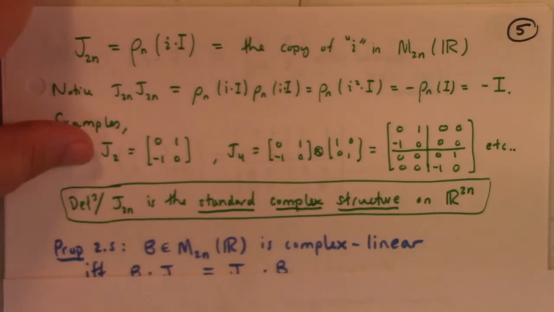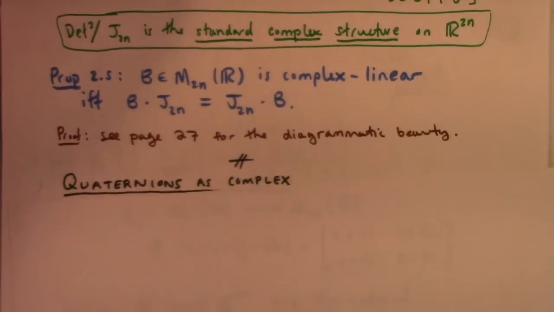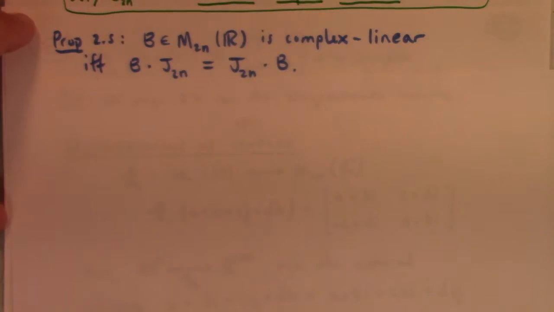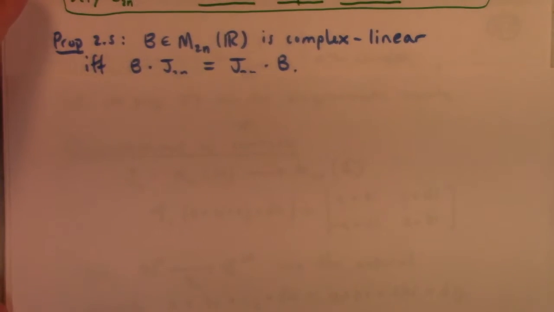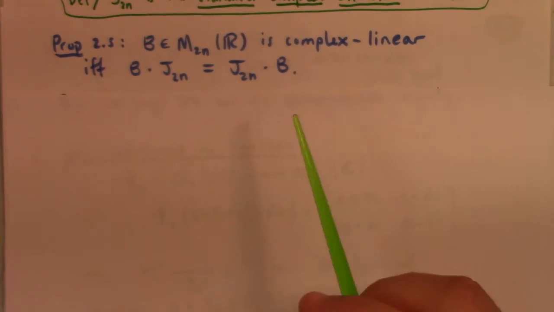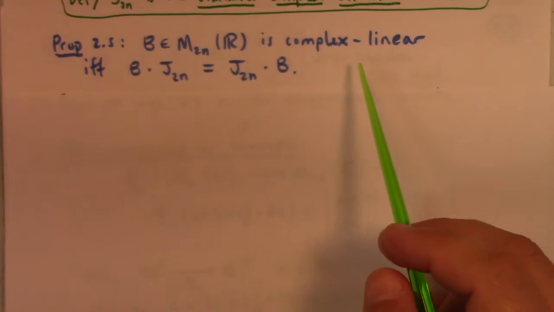So, proposition. You might want to characterize when a given 2n by 2n real matrix is complex linear, right? And there's a simple prescription. If it commutes with the standard complex structure, then that makes it for sure in the complex linear matrices.